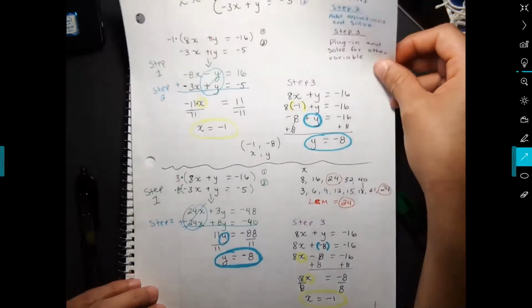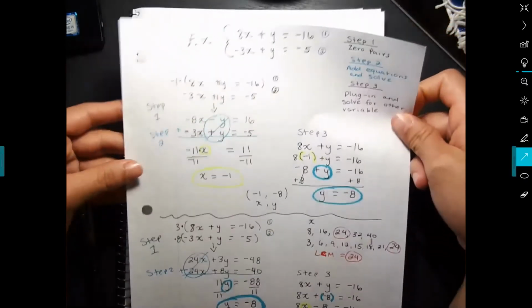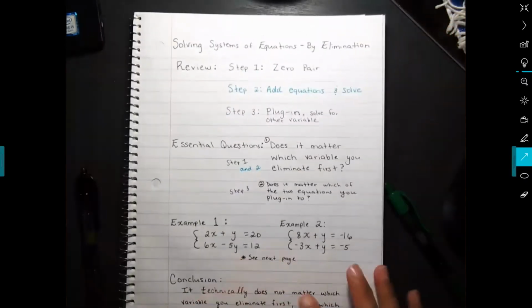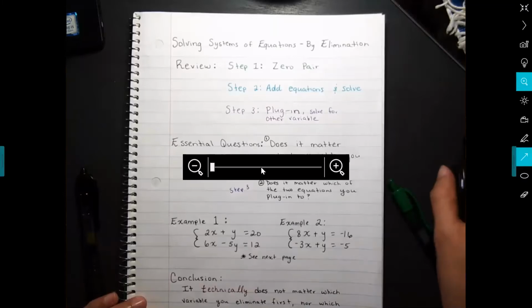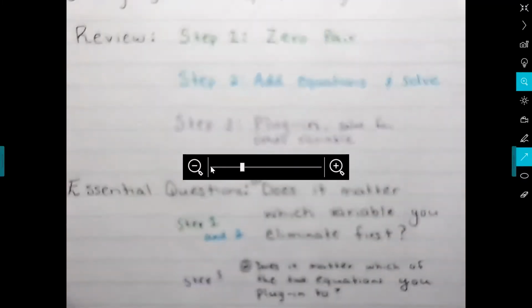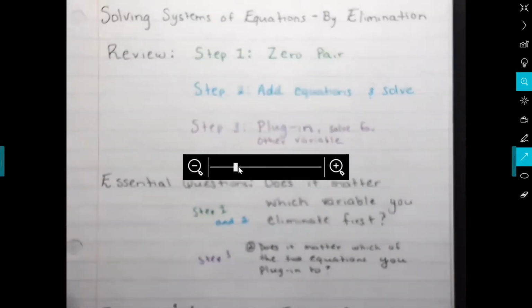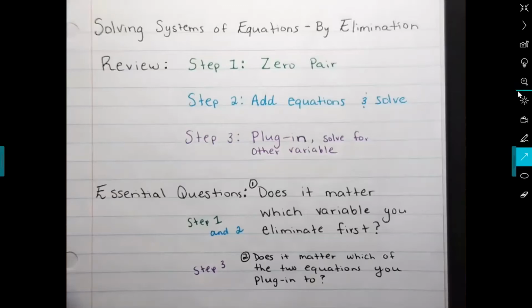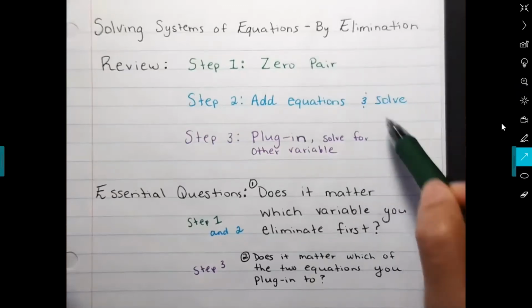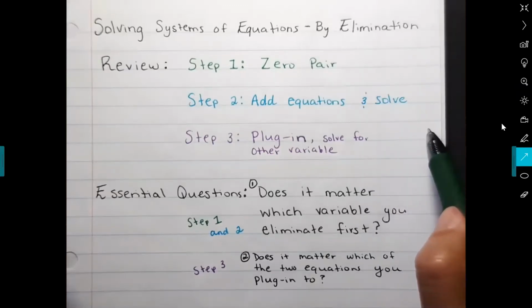Before I close, let me just go ahead and summarize what we did in this video. I went ahead and I reviewed with you the steps you learned, the general guidelines for solving a system by elimination.